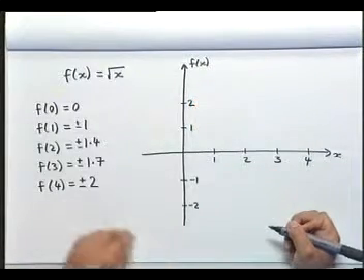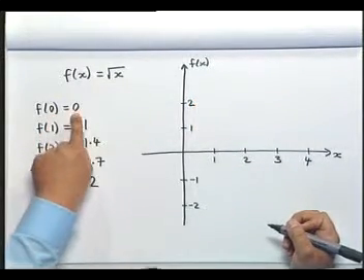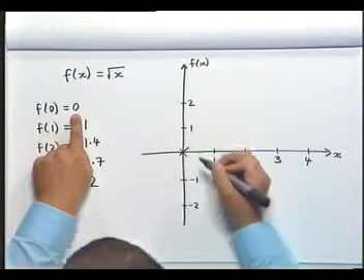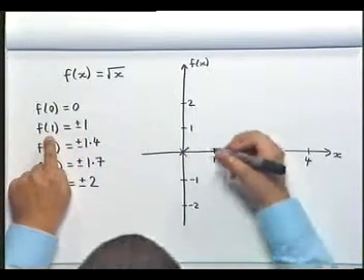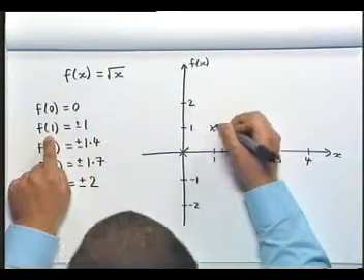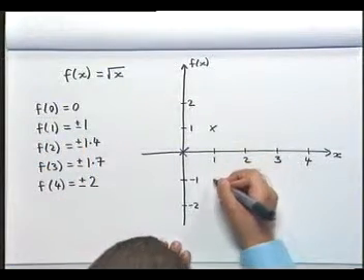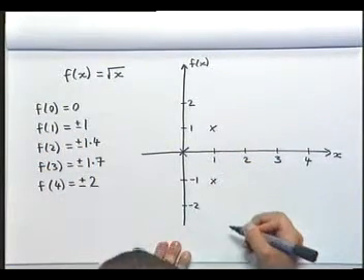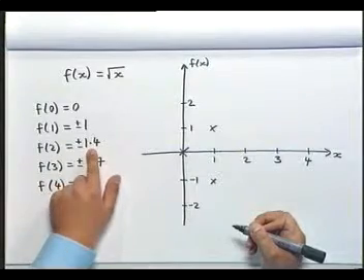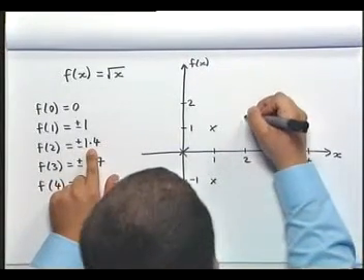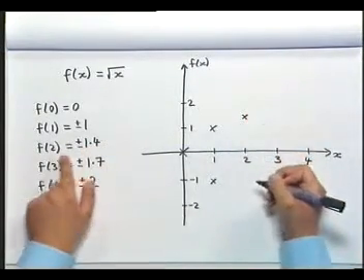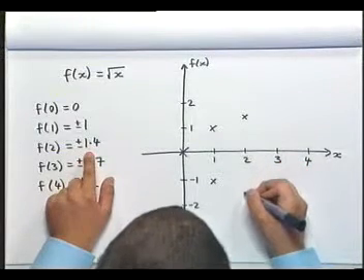And the points we've got: 0 and 0, 1 and plus 1, and also 1 and minus 1. We've got 2 and positive 1.4, so round about there, and also 2 and negative 1.4.